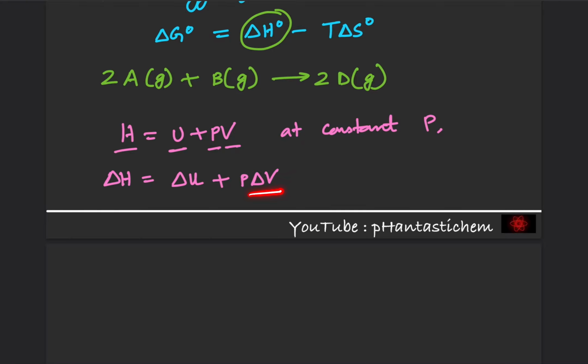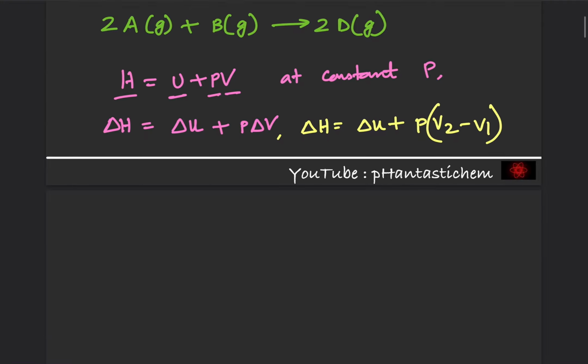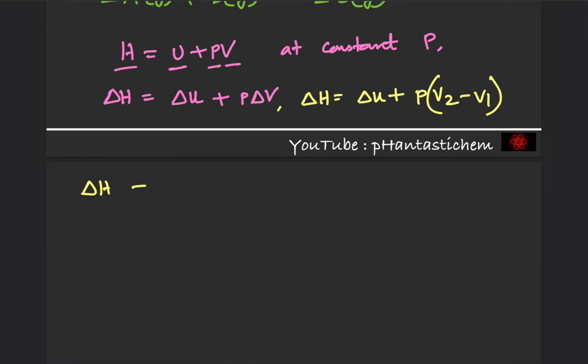So we can rewrite this equation as delta H is equal to delta U plus P into V2 minus V1, or we can expand it to write delta H is delta U plus PV2 minus PV1, where V1 is the volume of gaseous reactants and V2 is the volume of gaseous products.